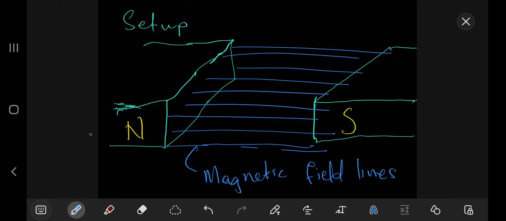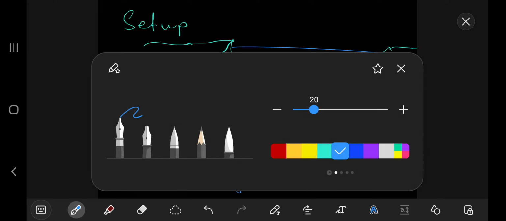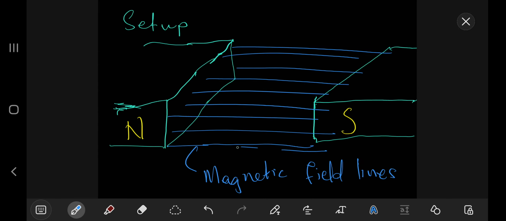These magnetic field lines, their direction is they move from north to south. So if I were to indicate a direction, whether they move from north to south, the direction is like this.